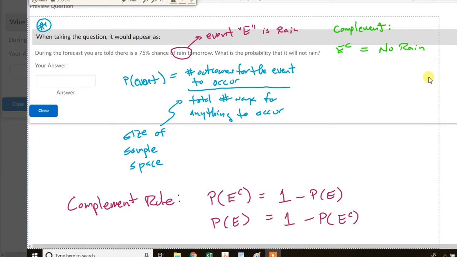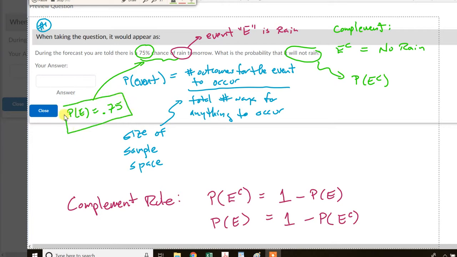So if they want to know the probability that it will not rain, that means they want the probability of E complement. There's a 75% chance that it will rain tomorrow, so the probability of the event E is 0.75, because 75% written in decimal form is 0.75.